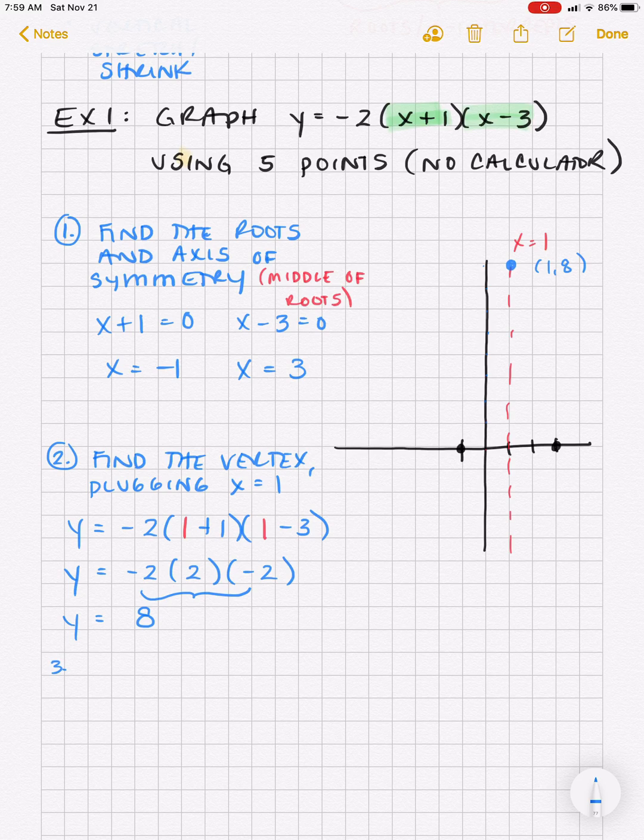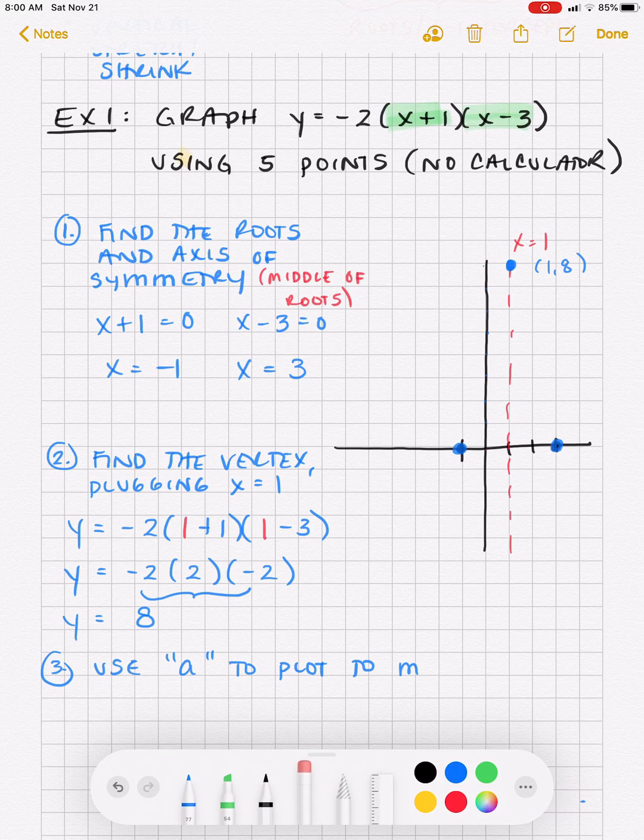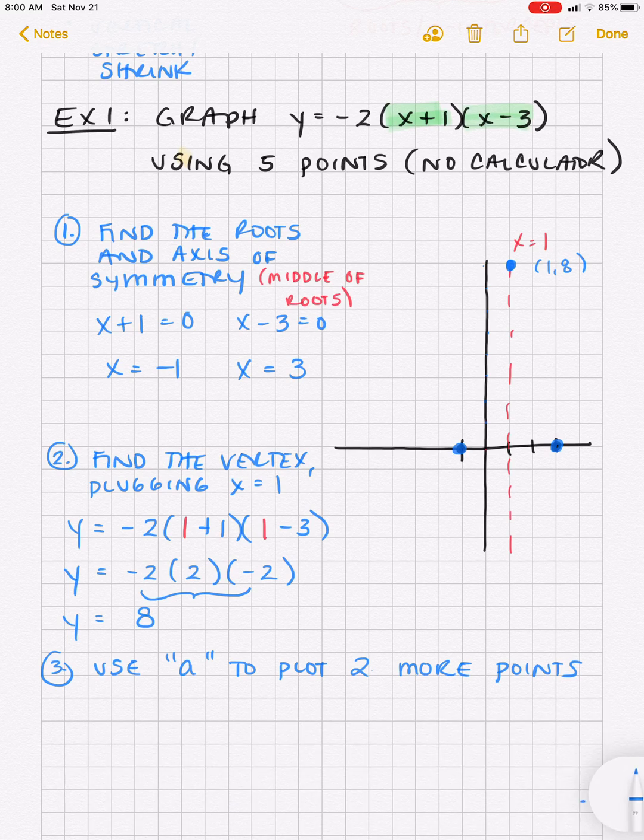Now, finally, we've got our two roots. We've got the vertex, that's 3 points. Use the vertical stretch, use a, to plot 2 more points. That comes back to the vertical stretch that we talked about.